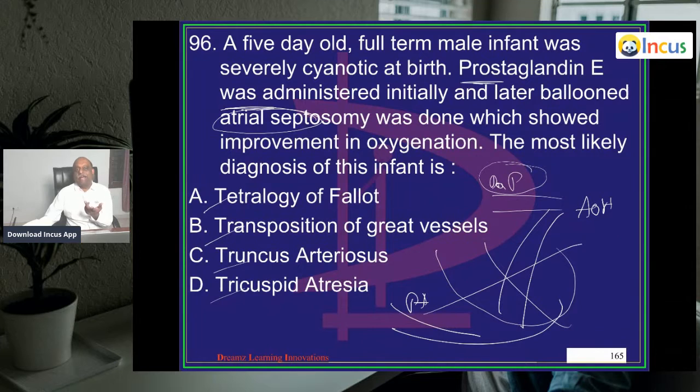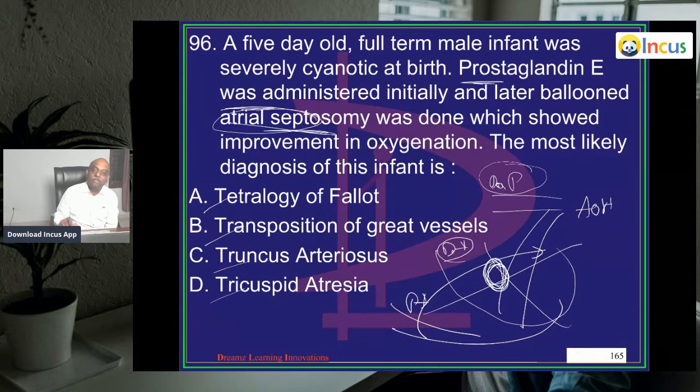So it is a little reversed, transposition. If it is reversed, you have to provide a way by which once more the blood will go from right to left side. Temporarily you can do that by keeping the ductus arteriosus patent. Permanently you can do it by creating an atrial septal defect by doing septostomy.